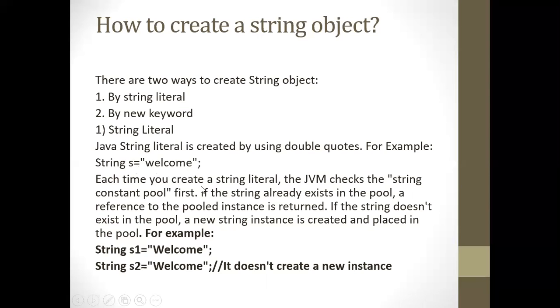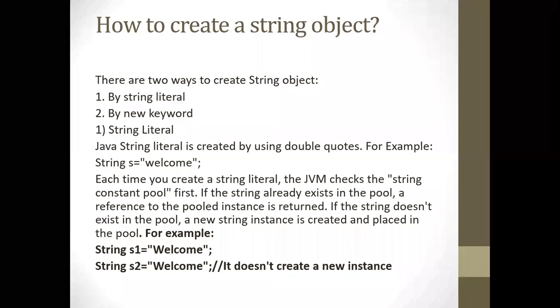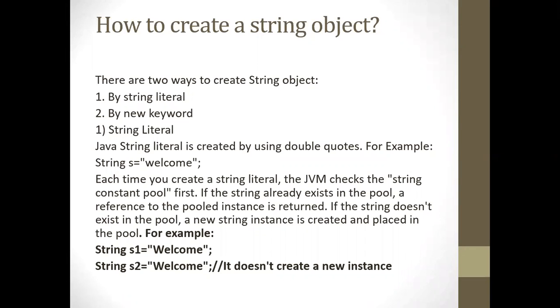Each time you create a string literal, the JVM will check that particular string in its string constant pool. If the string is already available, it will just give you a reference to that string. And if that string is not available, it will add a new string instance and place it in that pool.